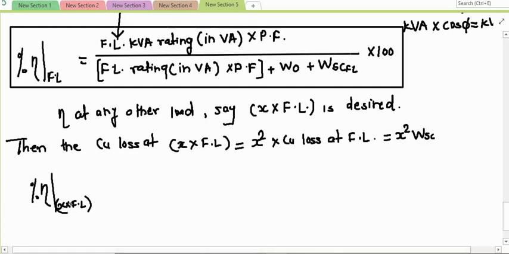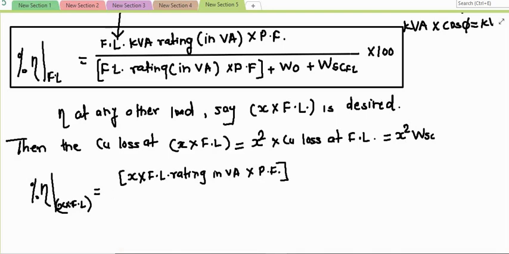So efficiency at x fraction of load is given by x into full load rating in VA into power factor. So kVA into power factor will give you the output in kW, right?